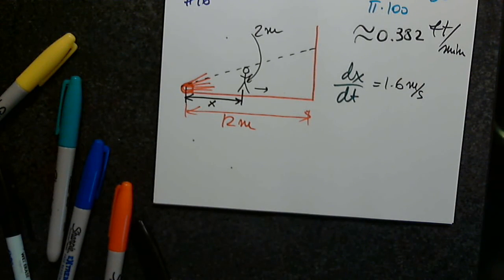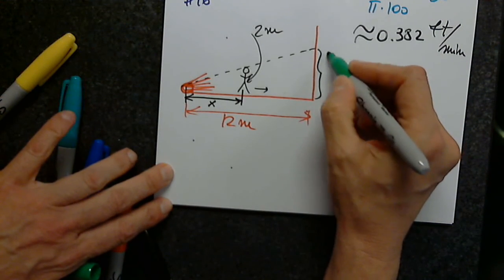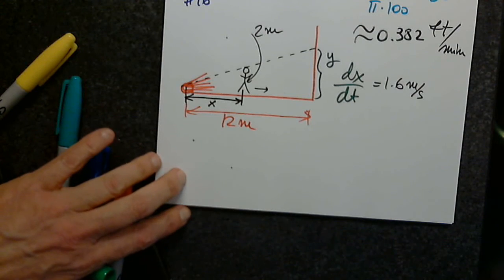Okay, let's read it one more time from the beginning. A spotlight on the ground shines on the wall 12 meters away. If a man 2 meters tall walks from the spotlight towards the building at a speed of 1.6 meters per second, how fast is the length of his shadow? So what am I asked to find?